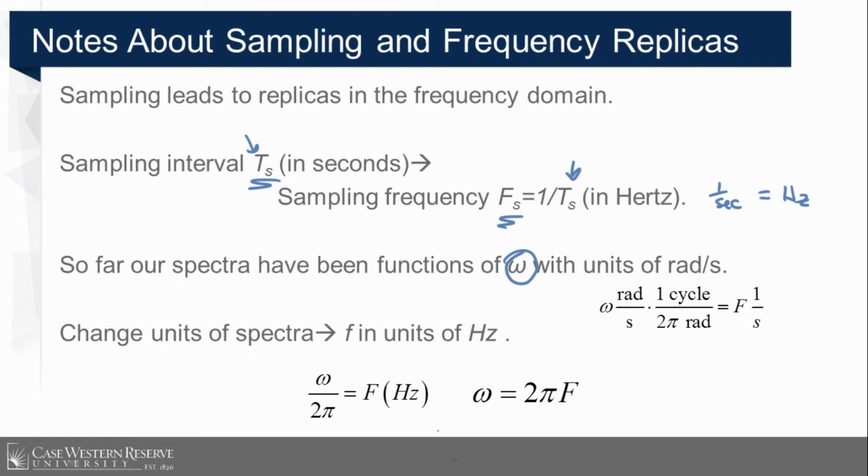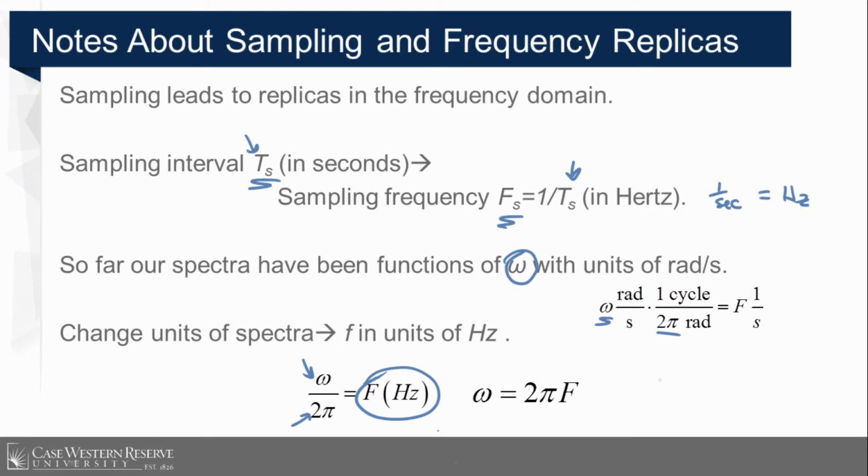So we're going to convert these radians per second into units of hertz. And we'll do that by dividing by 2 pi, essentially. If I had a spectrum with units of radians per second, and I divide that by 2 pi, I'm going to end up with a spectrum that has a frequency of hertz. In other words, omega equals 2 pi f.